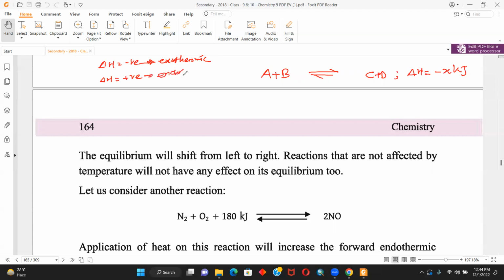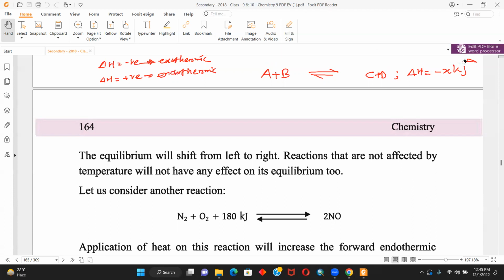Now tell me, in the forward reaction, what is the value for delta H? See, what is the delta H here?